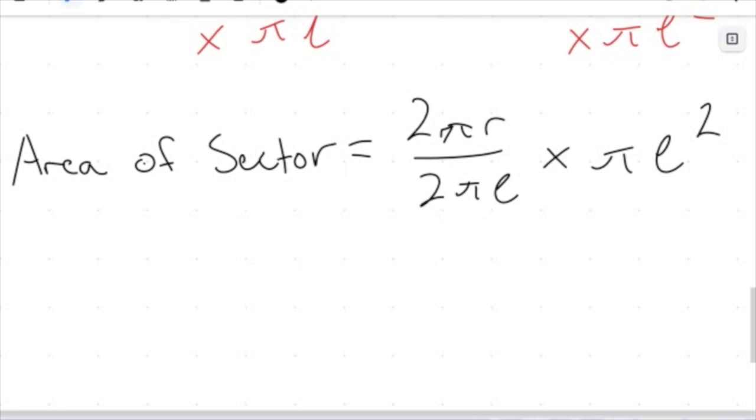Okay, now we can make some simplifications to this. We have a 2 pi on the top and a 2 pi on the bottom. Both of these will cancel out. And I also have an L on the denominator here, but when we multiply by an L squared, one of those L's is going to cancel with one of these L's.